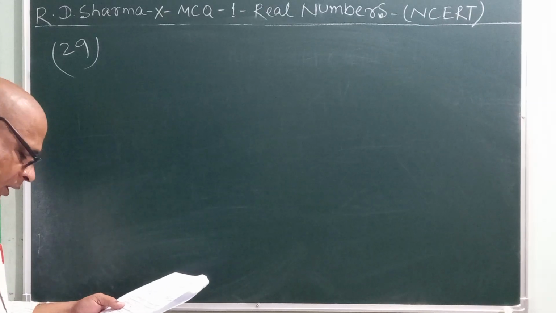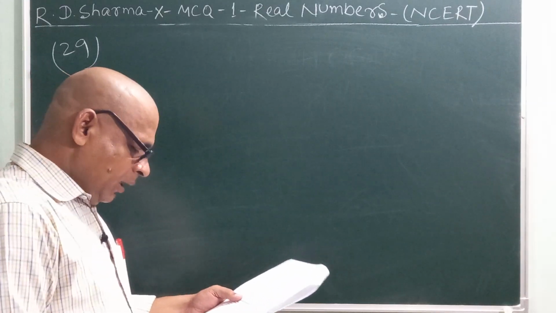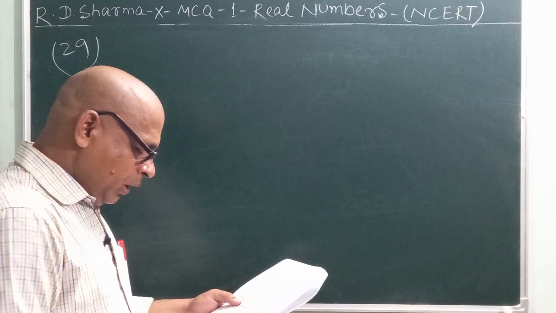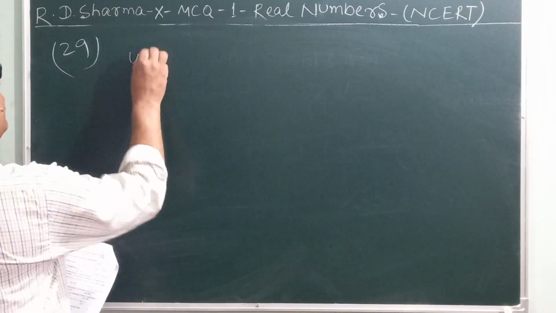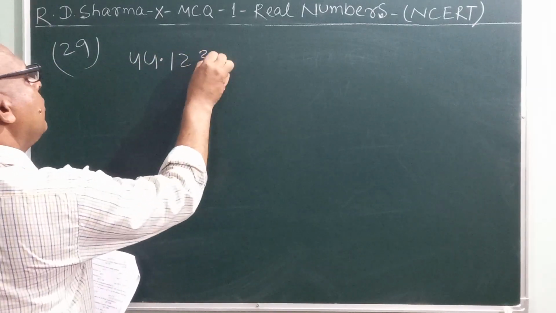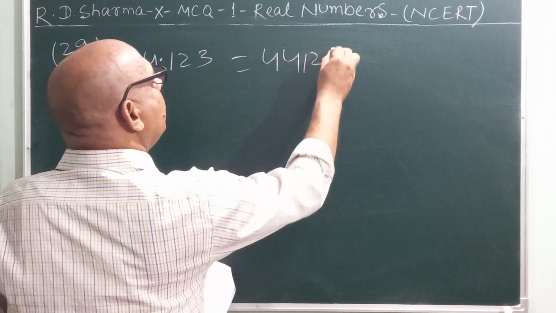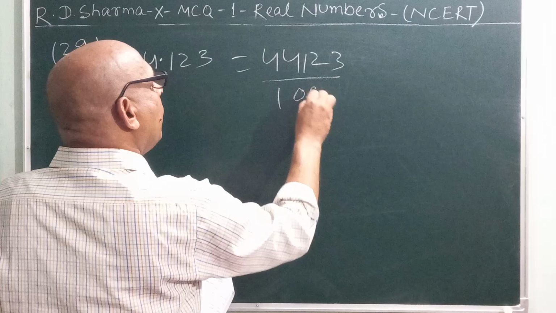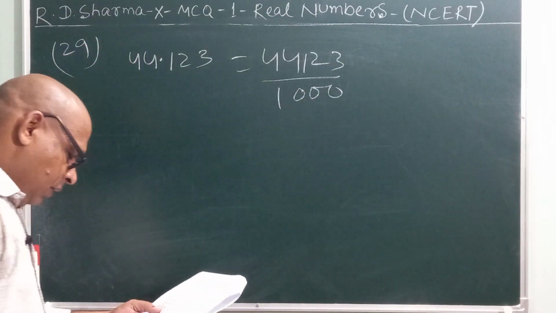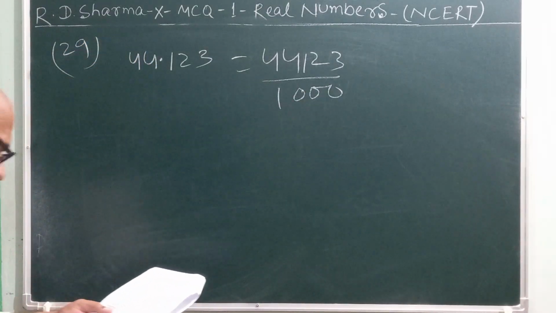Prime factors of the denominator of a rational number with decimal expansion 44123 by 1000. Clear? Question 29, prime factors of the denominator.